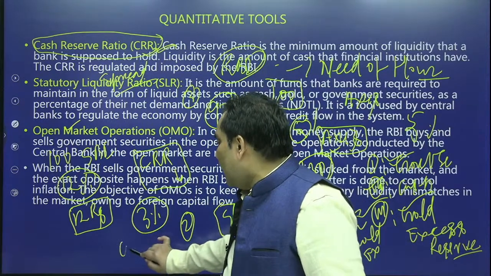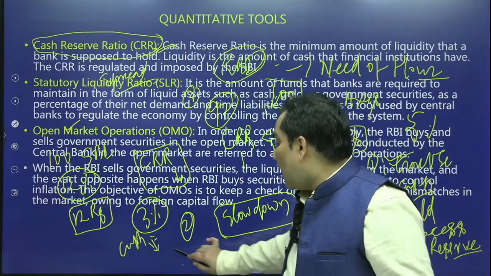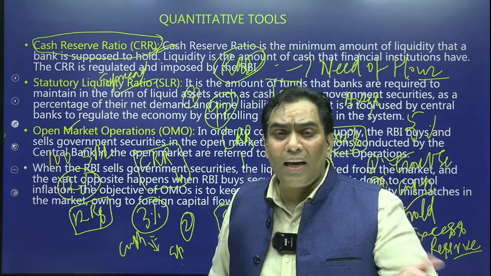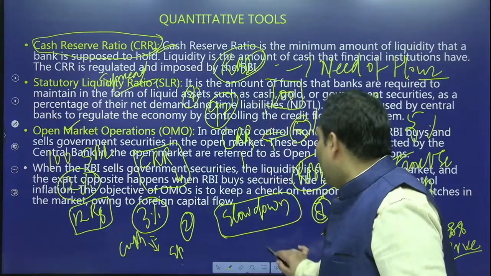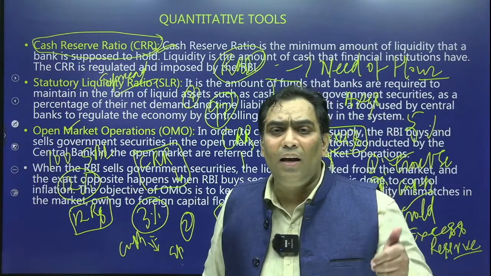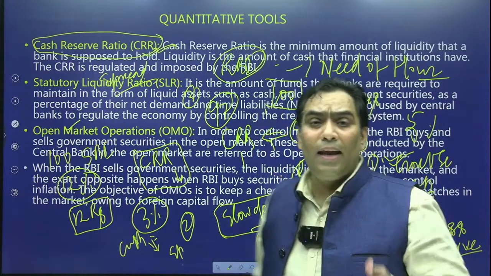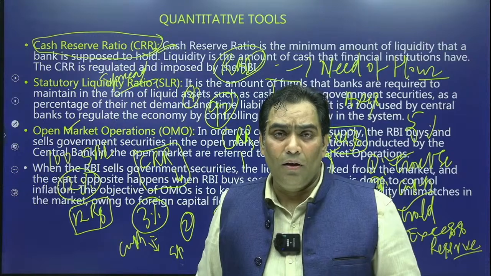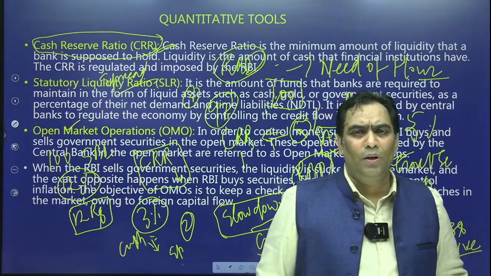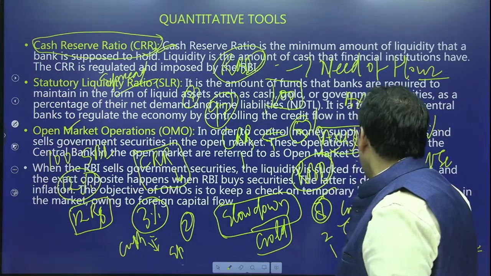If they maintain it in gold, we have to import the gold, which will disturb our balance of payments and further widen our current account deficit. We will discuss that when we discuss the BOP. That's why the maximum amount of SLR is maintained in the form of government securities.